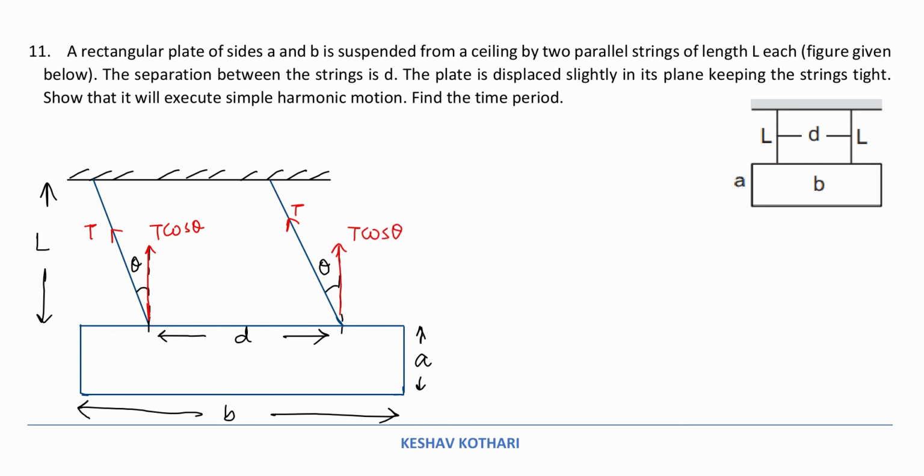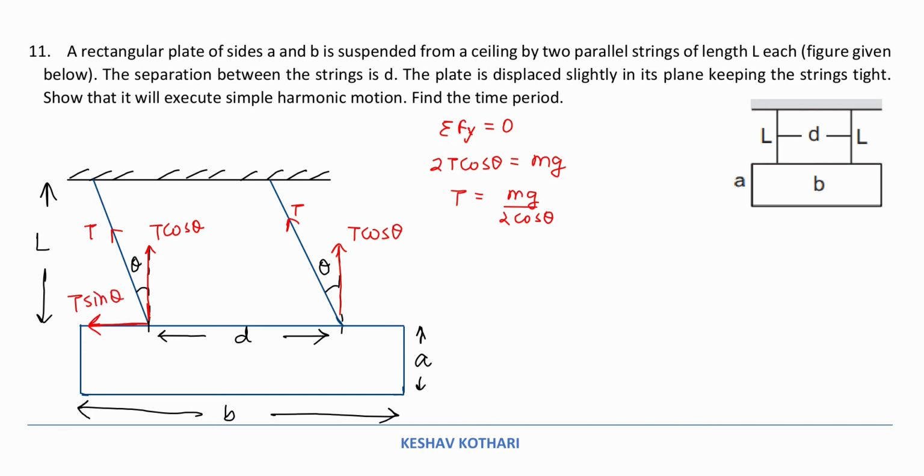So for vertical equilibrium, summation of force in the y-axis direction to be 0, it is important that 2T cos theta is balancing the weight mg of the block, or T can be written as mg upon 2 cos theta. And over here the next component of force which we have, this is T sin theta.